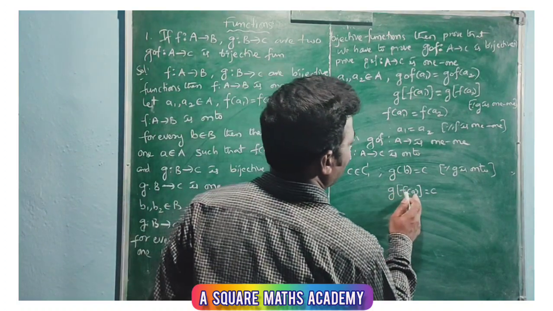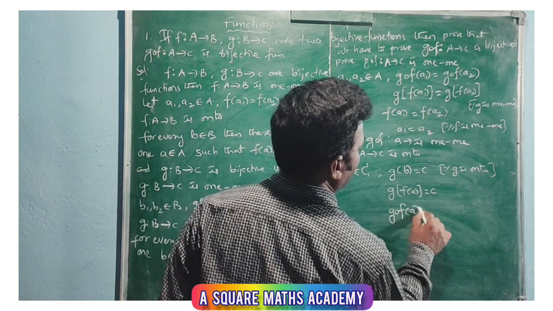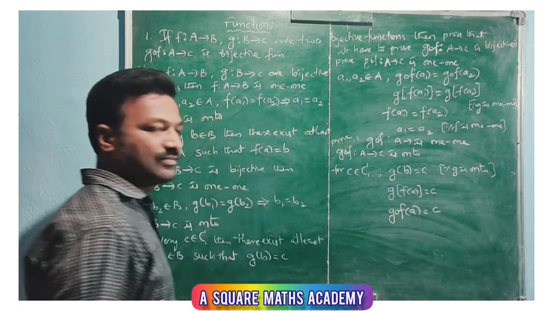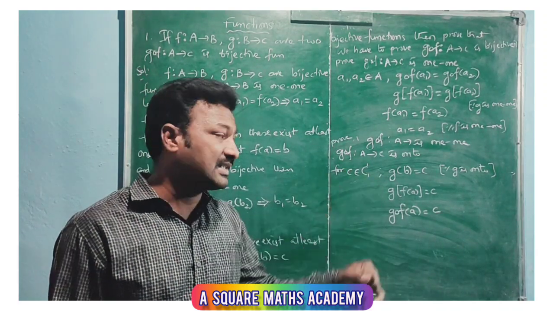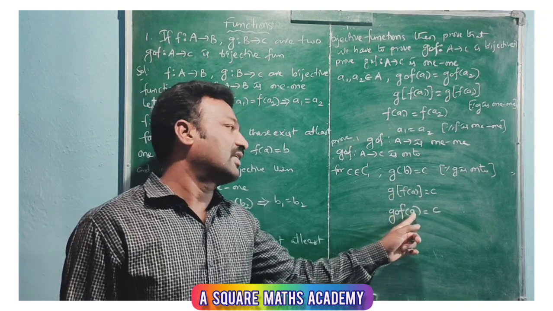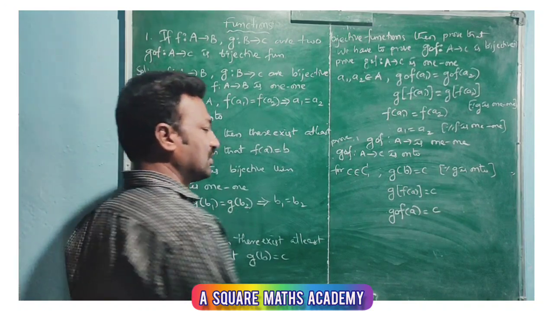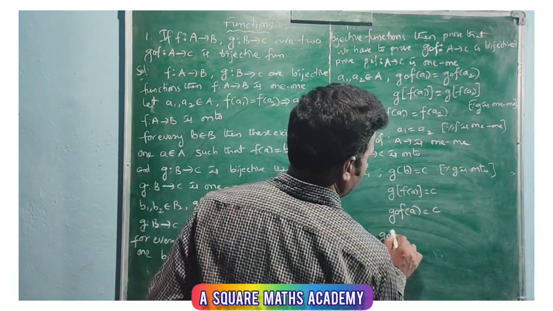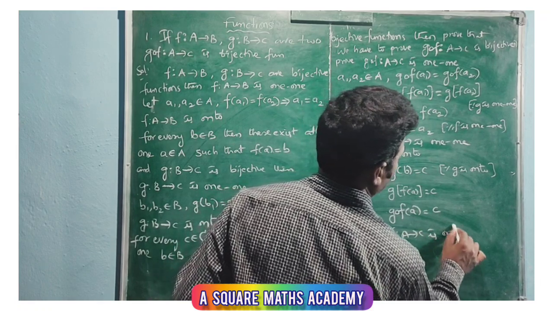So G of F of A, that is G circle F of A equals C, we got here. Observe this one. For every C belongs to C, there exists at least one A belongs to A such that G circle F of A equals C. Then G circle F is onto. So therefore G circle F from A to C is onto.